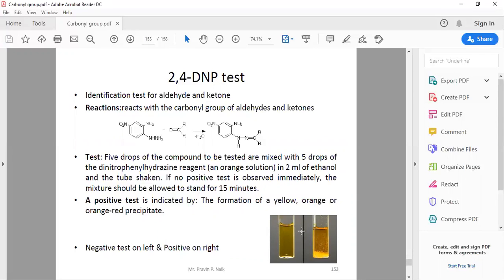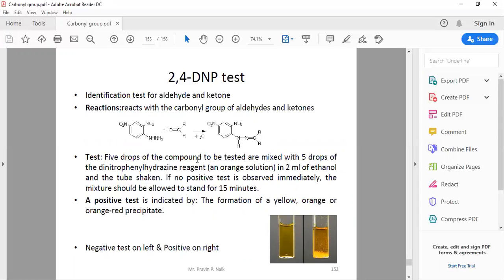You can observe in this diagram, after the reaction of this reactant with the carbonyl group, it forms the product, and this product is responsible for giving the precipitation. This happens only if aldehyde or ketone groups are present.